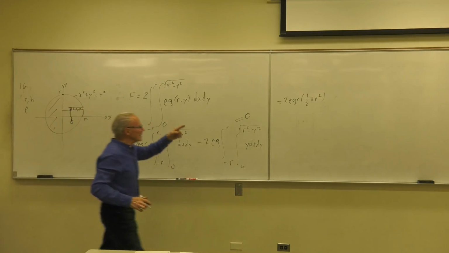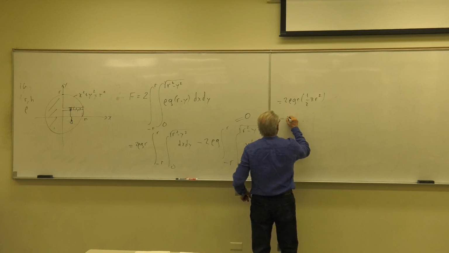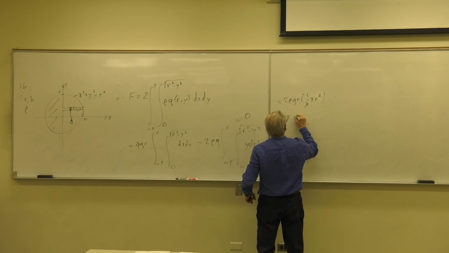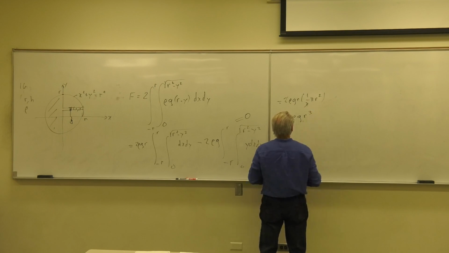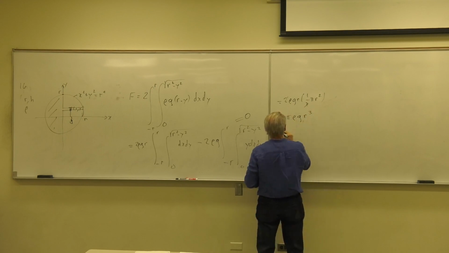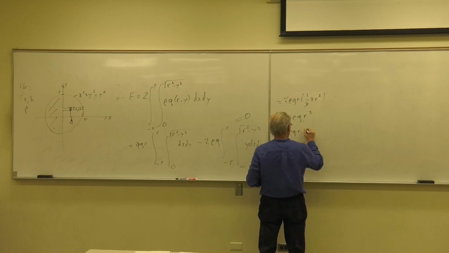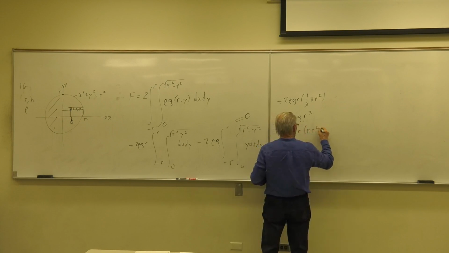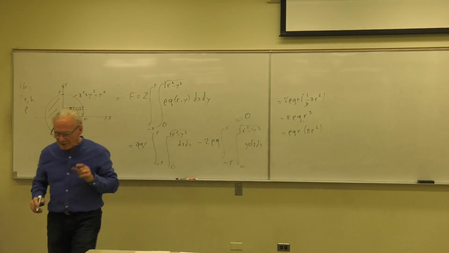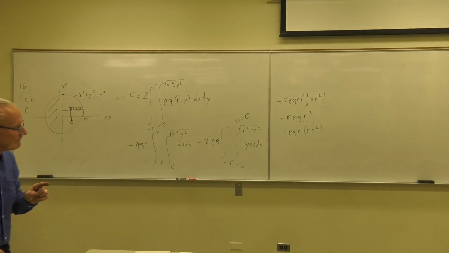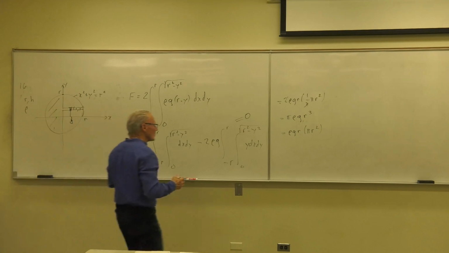So the answer then is right here: pi rho g r cubed. I'm going to write this back where it was a second ago: rho g r pi r squared. So there's our answer, right? We know rho g.